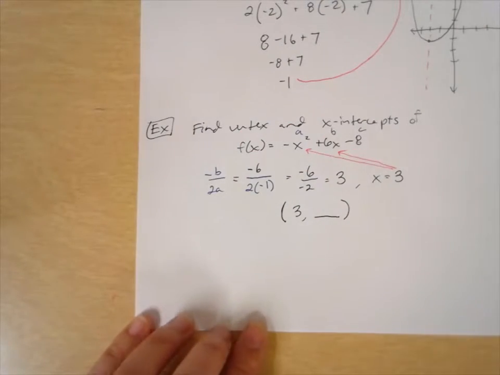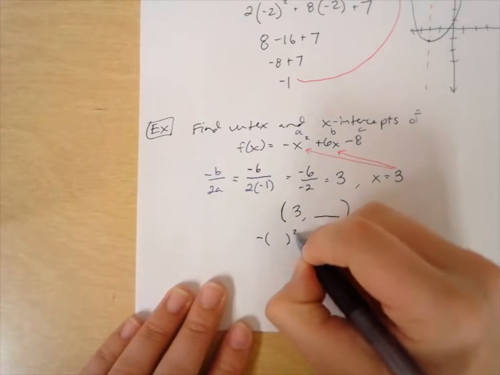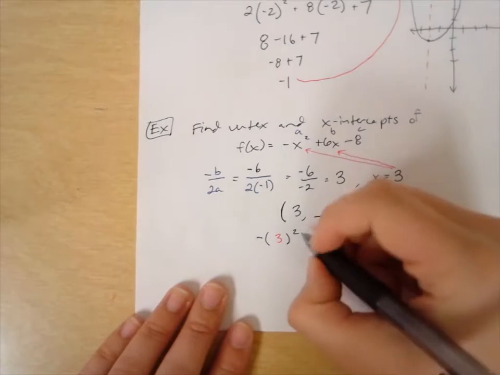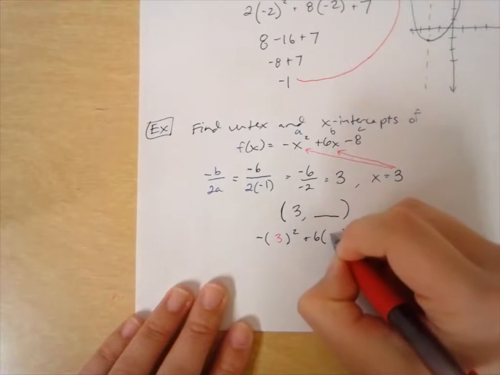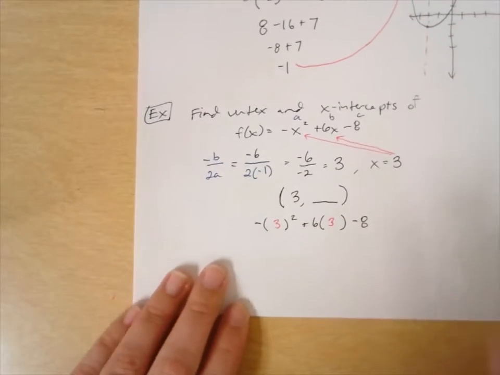When we do that, we get negative 3 squared plus 6 times 3 minus 8.